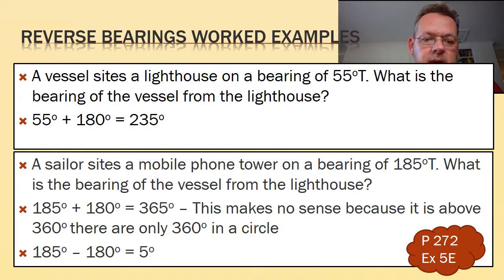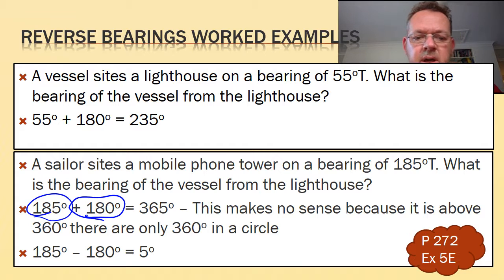Now, let's have a look at the next one. A sailor sights a mobile phone tower on a bearing of 185 degrees true. What is the bearing of the vessel from the tower? Now, if I was going to add 180 degrees to 185, it wouldn't really make much sense, would it? I'd get 365.